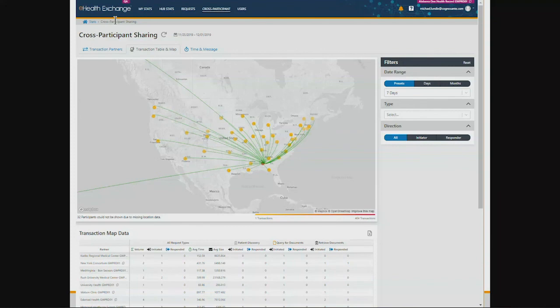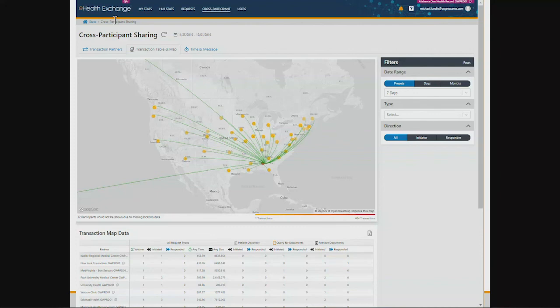This cross-participant viewpoint, we wanted to show kind of like an airline map, if you will, that shows, as an initiator, who am I exchanging information with, or who am I requesting information from, and who is responding to those requests for information. That airline map, or flight chart, attempts to illustrate that.